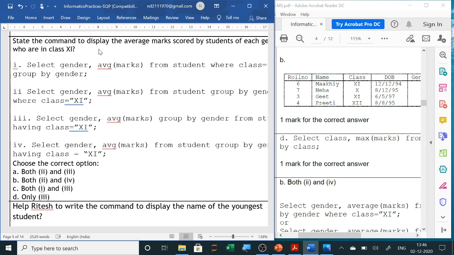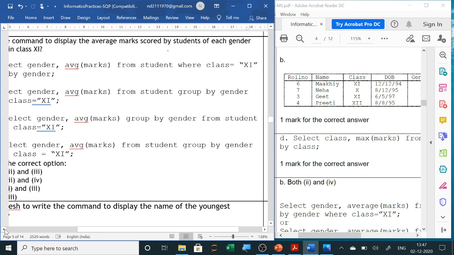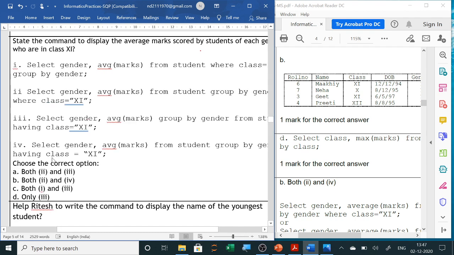Next is: state the command to display the average marks scored by students of each gender. Of each gender means group by gender, it should be each gender who are in class 11. So having class condition is class 11. So wherever group by gender and having class 11 is written, that is correct.